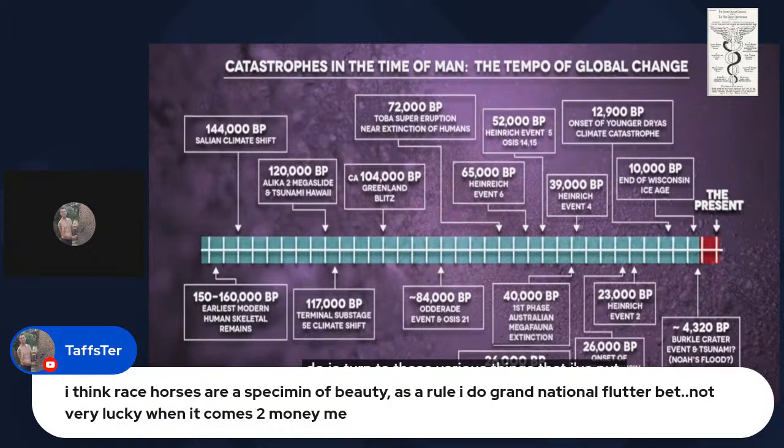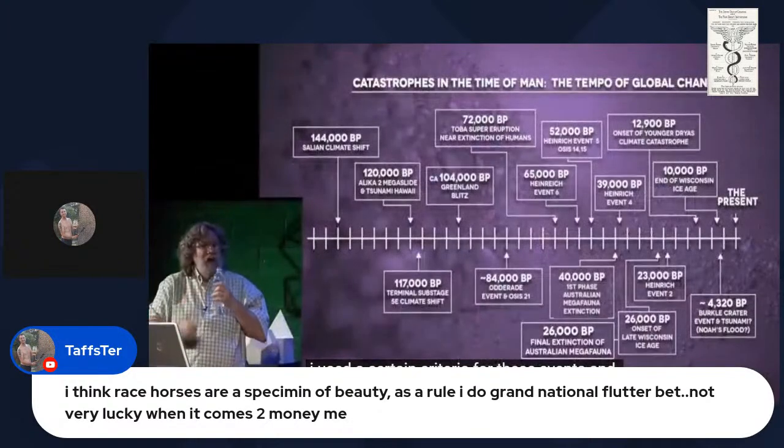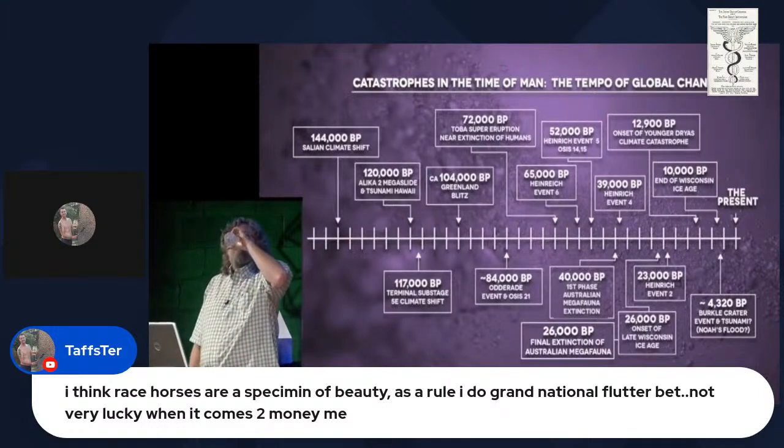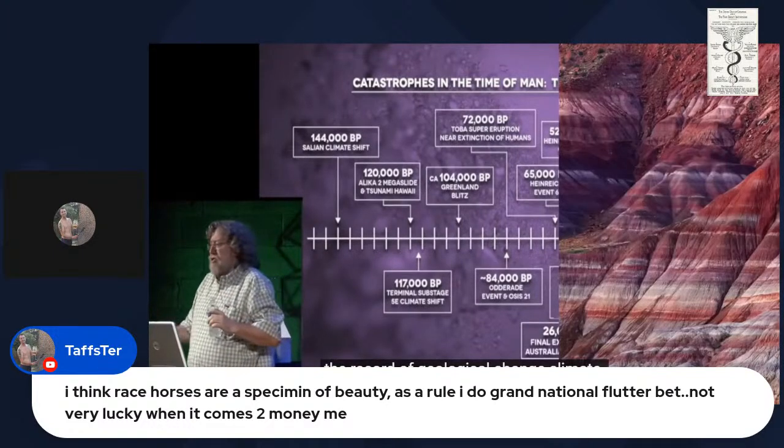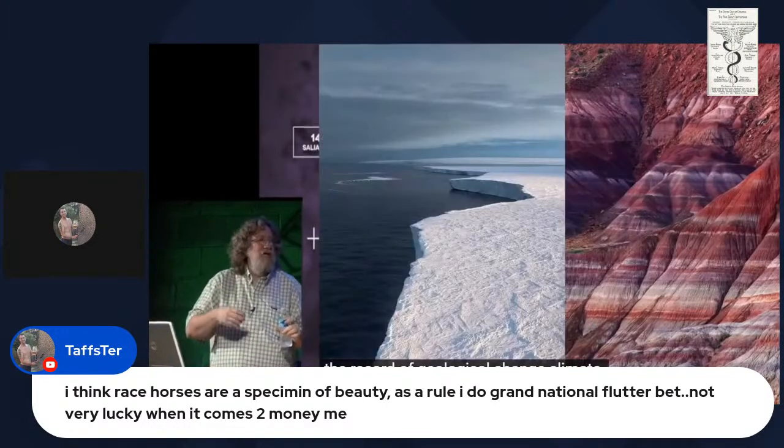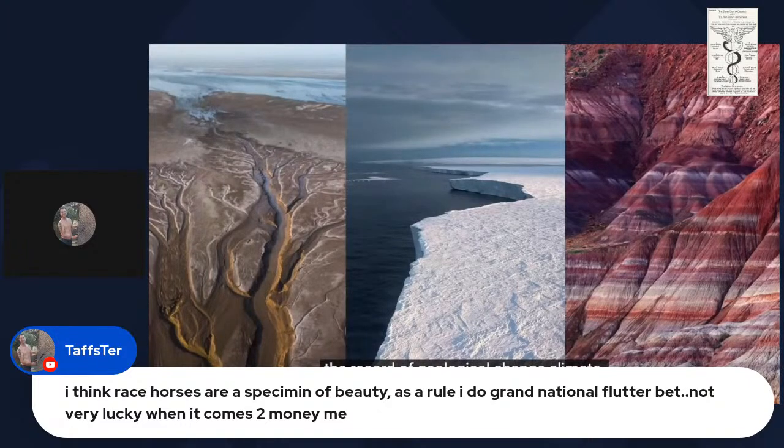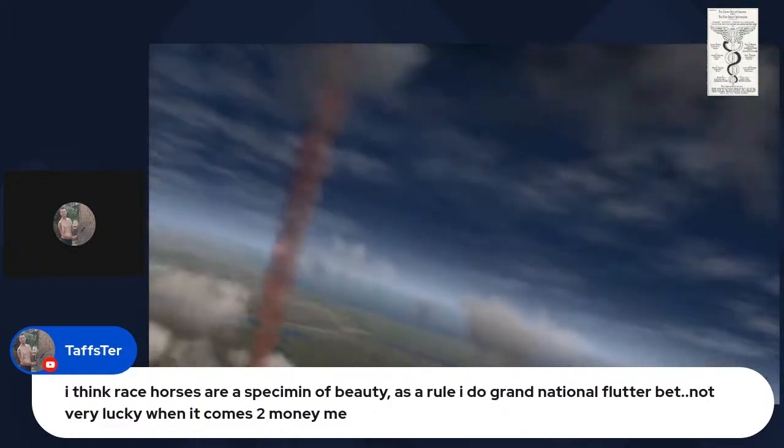These are events that have occurred. And I used a certain criteria for these events. And here's the criteria I used. I began studying the record of geological change, climate change, environmental change, and I focused on events that could be considered catastrophic.